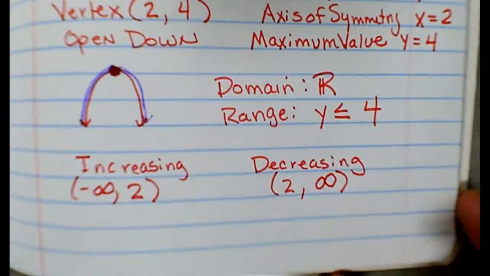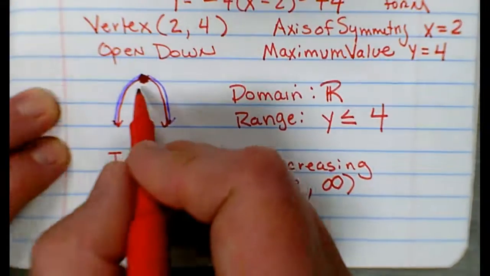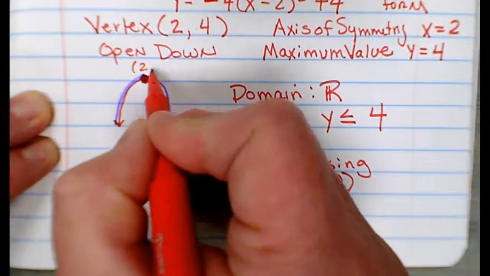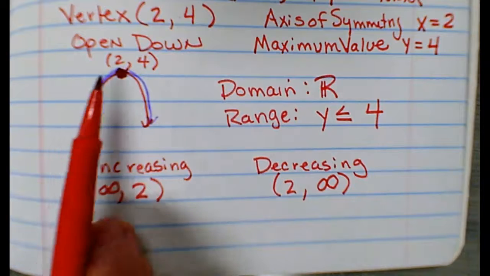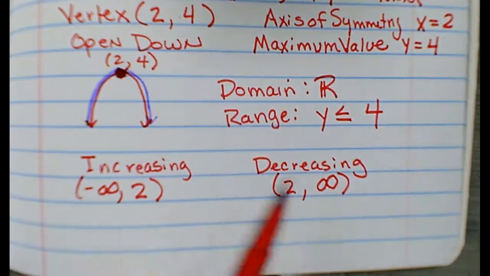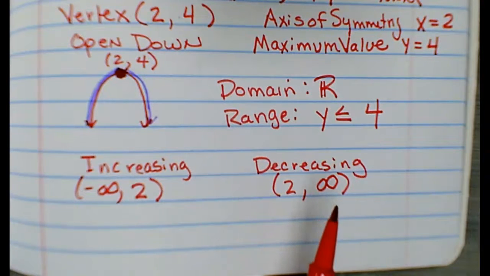Because the increasing and decreasing is in terms of the x value, and this is 2, 4, and so what is the x value at that point? So the increasing and decreasing has a 2 in it because that's the x value of the vertex, and that's where it changes, at the vertex.